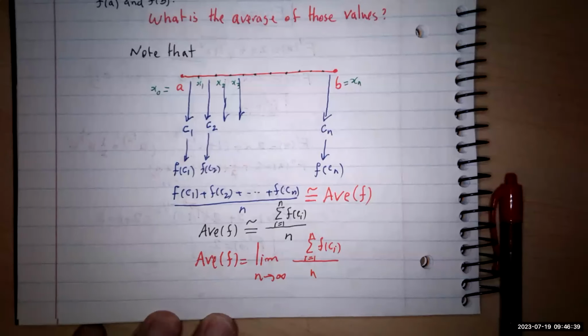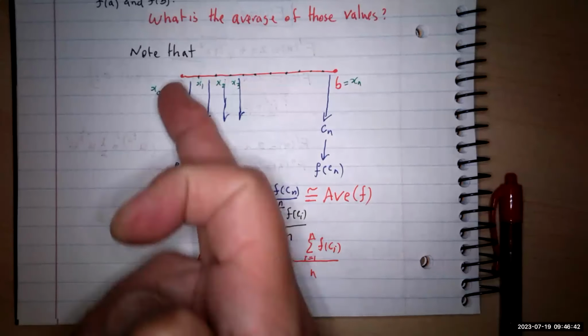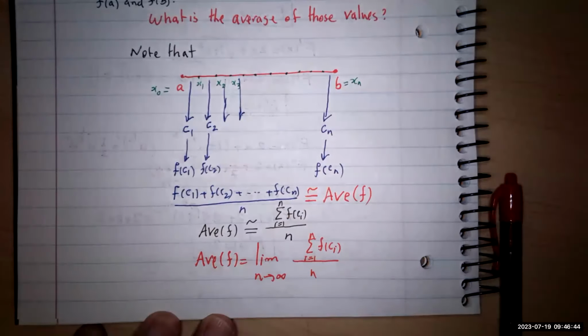What I did was increase the number of partitions so I have more numbers. This seems a reasonable definition for the average value of the function.